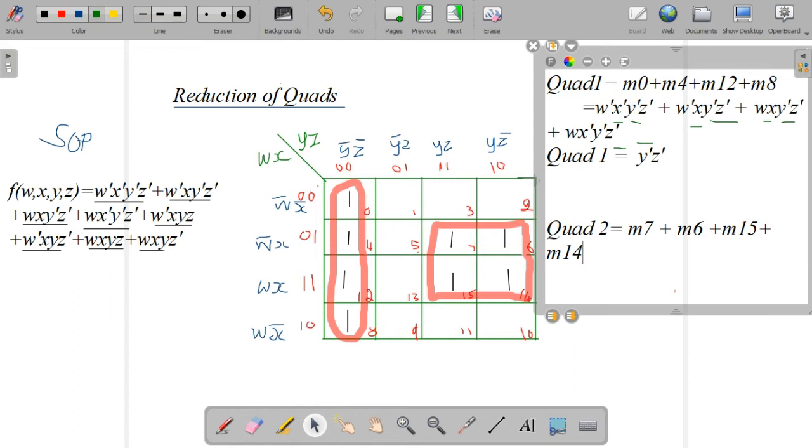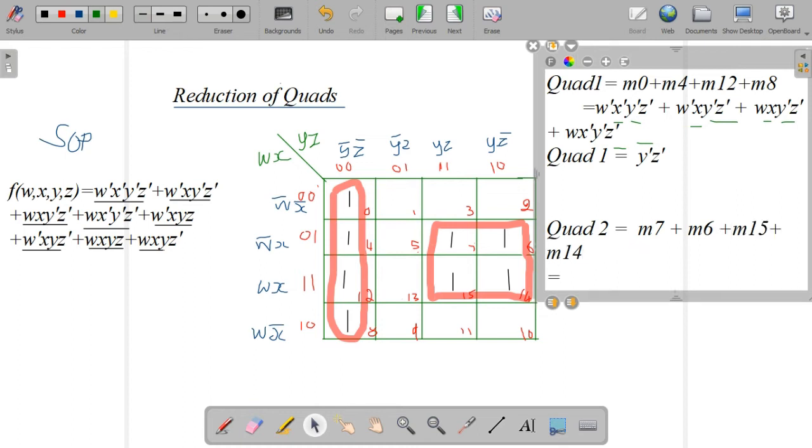So this is quad 2, is it? Okay, so we have to write the literals again.